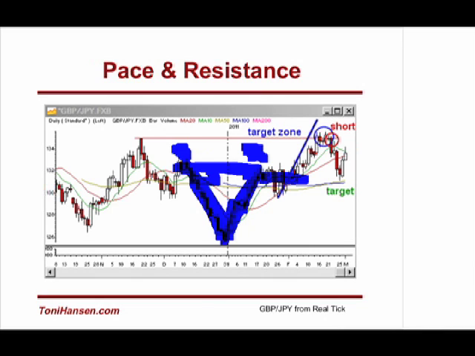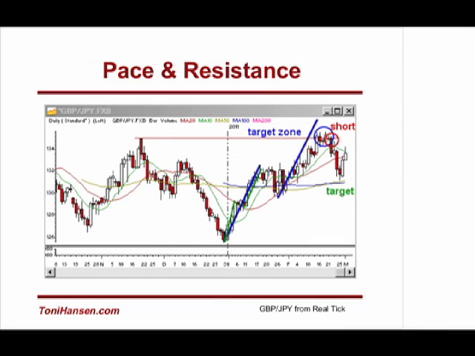Now, of course, this established a short setup that triggered early on Tuesday and really followed through well. And we're seeing how, as I mentioned earlier, congestion levels will serve as a price target. A couple of days ago, I gave the target level here as it was hitting right into these moving averages as well as this congestion level.